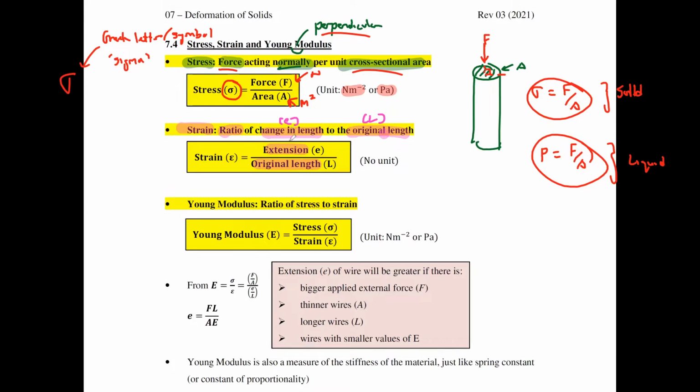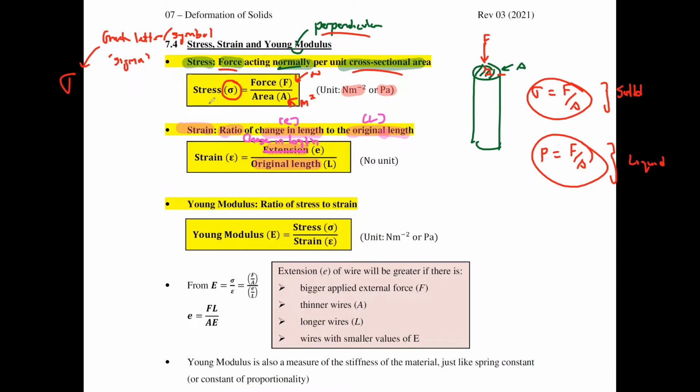Extension is actually change in length also. If you want to be consistent, you can change it to change in length e over L, which is fine, or leave it as it is. Just know that strain is the ratio of change in length to original length.